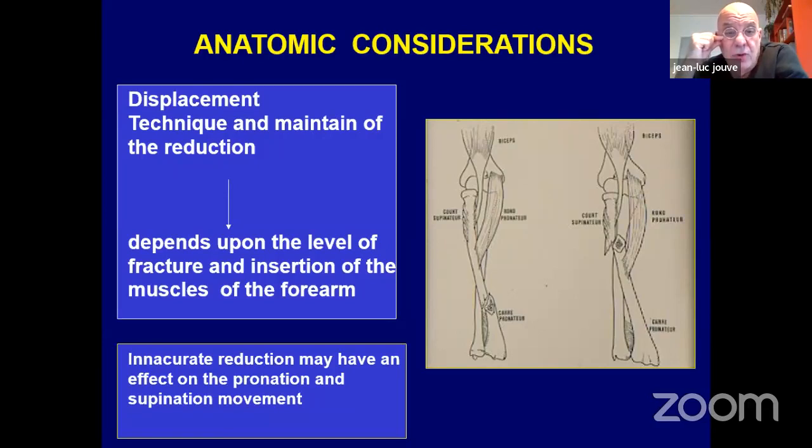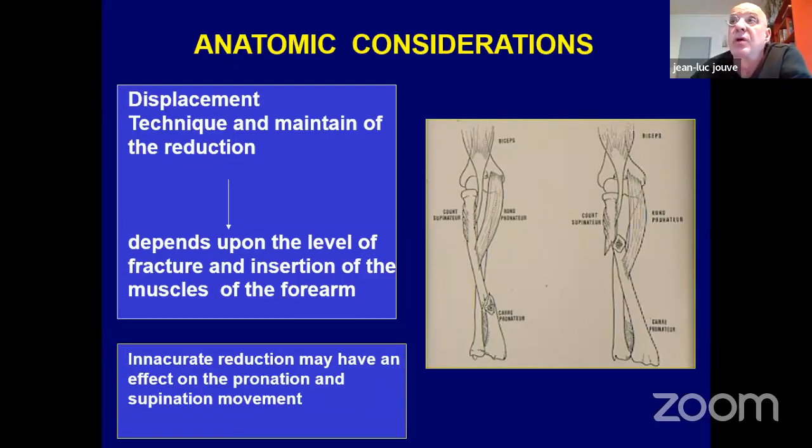If you don't obtain an accurate reduction, and if you don't have an anatomic reduction, there is a high risk of compromising the prognosis concerning pronation and supination.